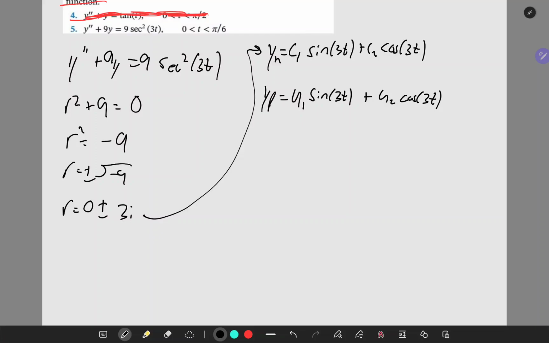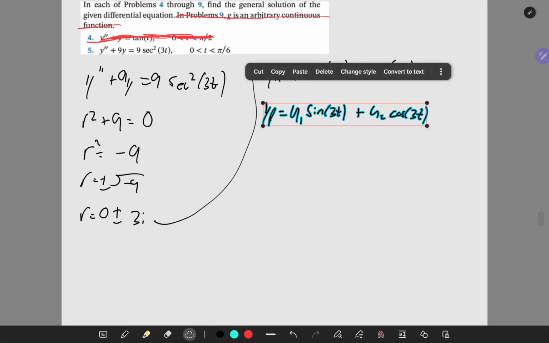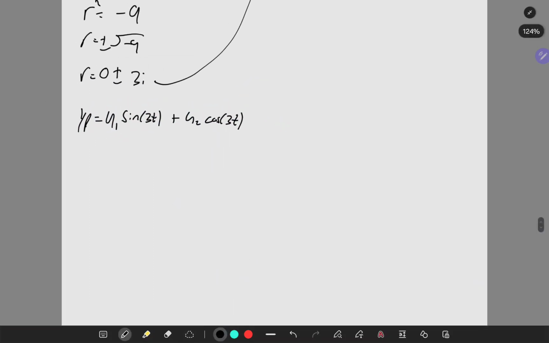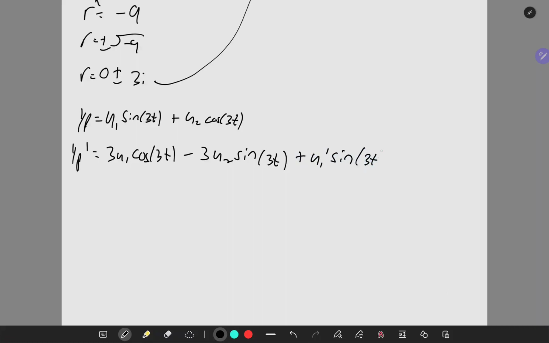Now we take the first, second derivative. So I'm going to need some space here. Yp prime would be 3 u1 cosine of 3t plus minus 3 u2 sine of 3t plus u1 prime, I'm grouping the prime terms together, plus u2 prime cosine of 3t.